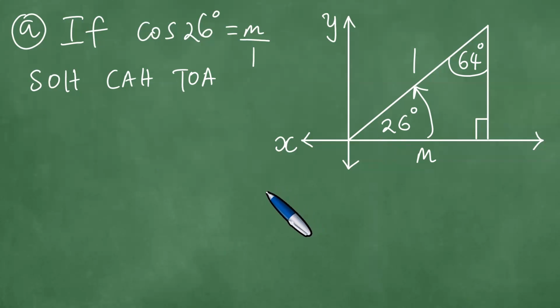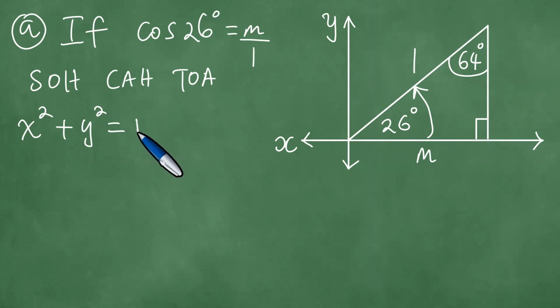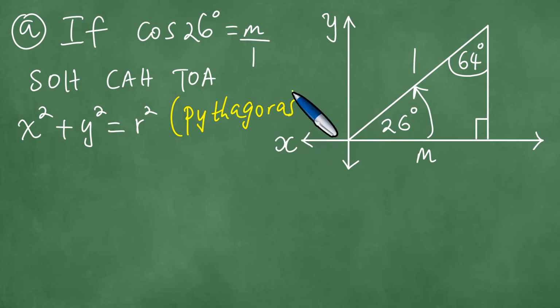Moreover, we see that we are left with one side of this triangle, and we're going to use x squared plus y squared equals r squared, which is credited to Pythagoras. Clearly this is our x, this is our r, and this is our y.